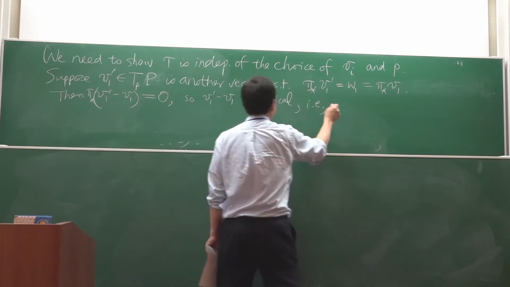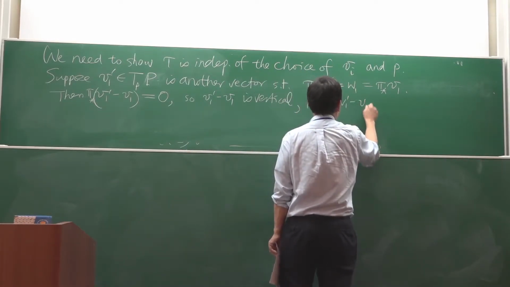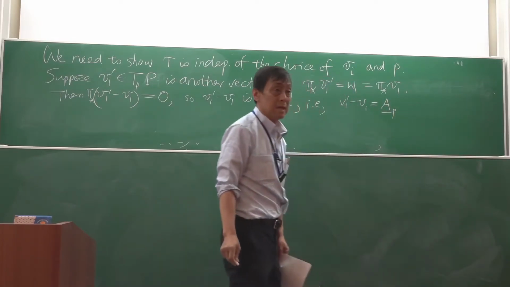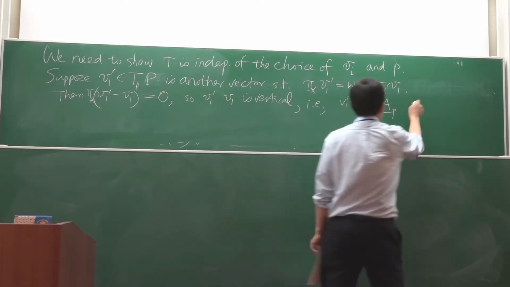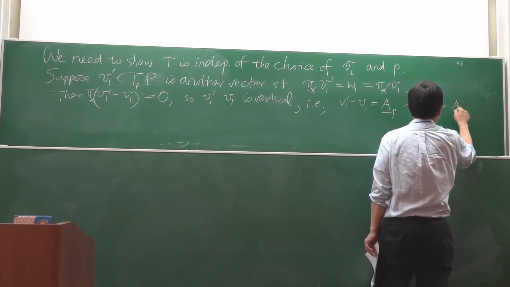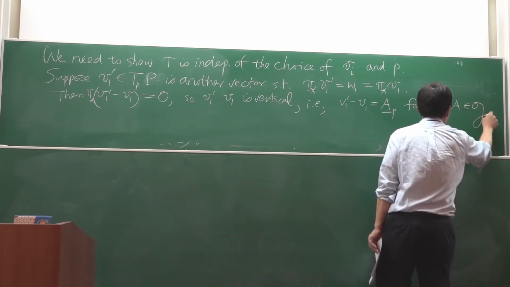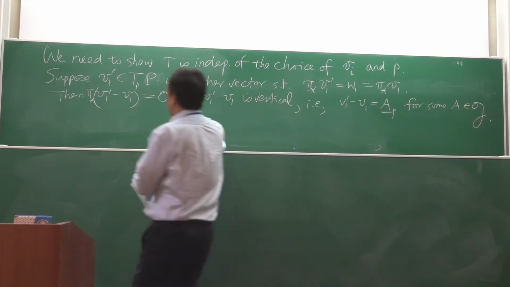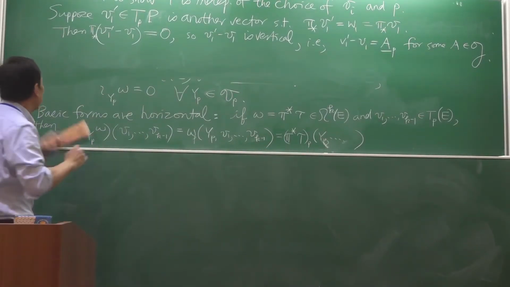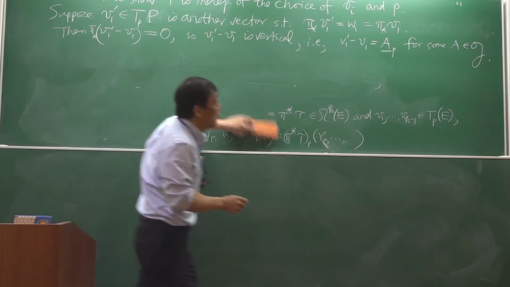And that means V1 prime minus V1 is equal to A bar at P for some A in the Lie algebra. And now you use that first condition.